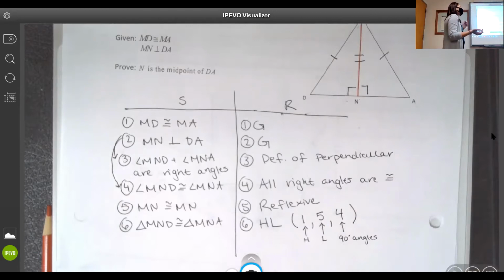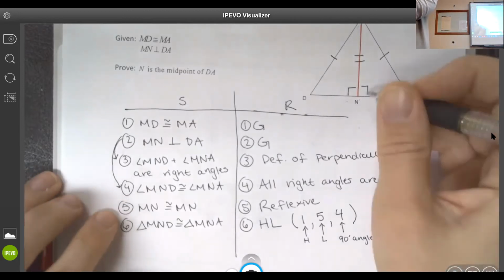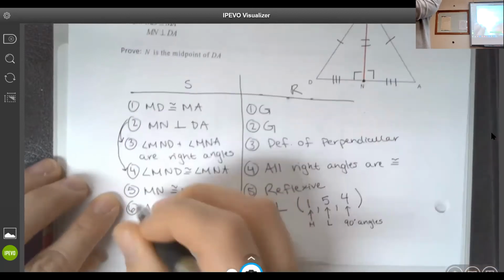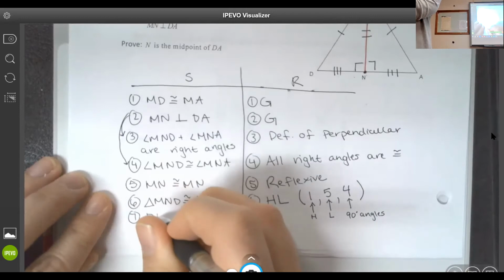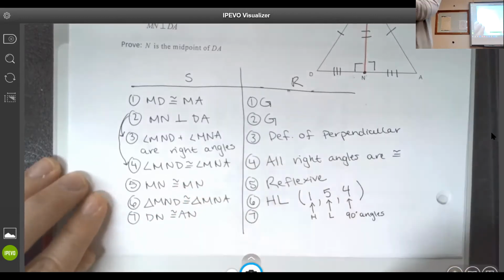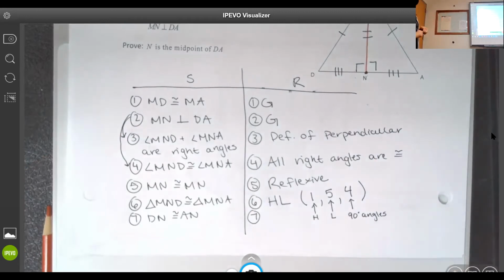Now that's not what the proof was asking for. We still have 2 more steps here. It wants us to prove that N is a midpoint down there. Well, now that we know our triangles are congruent, we can say that this length is equal to that length, that DN is congruent to AN. And what do we write there when a part is congruent? CPCTC, okay, from yesterday.